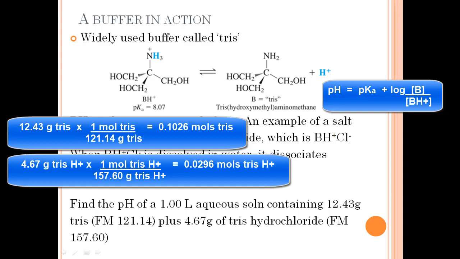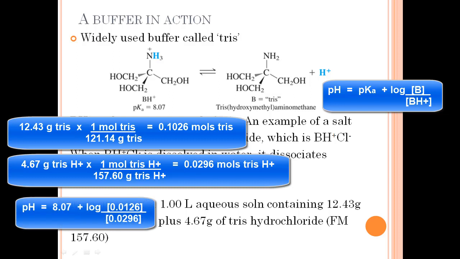Now, you plug those two numbers into your HH equation, and you should get a pH. How did I know the pKa was 8.07? It told me in the problem right there. The pKa of my weak acid conjugate is 8.07.